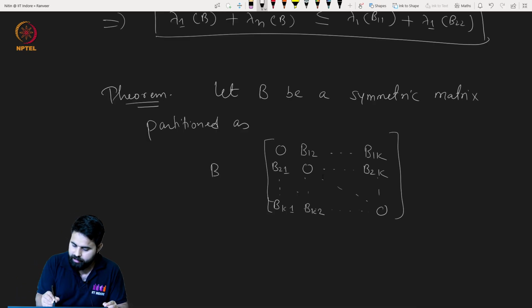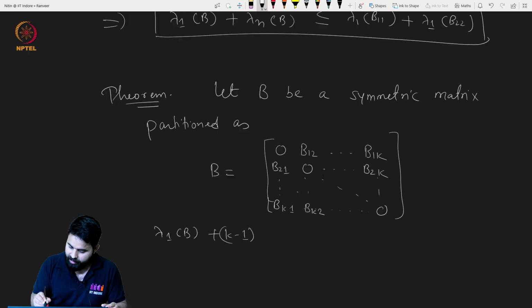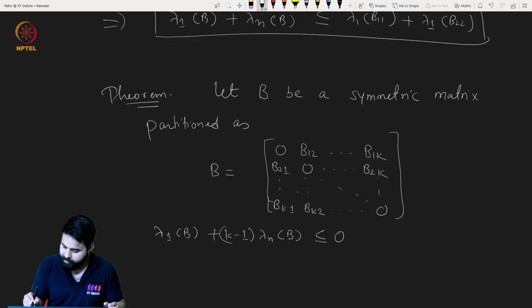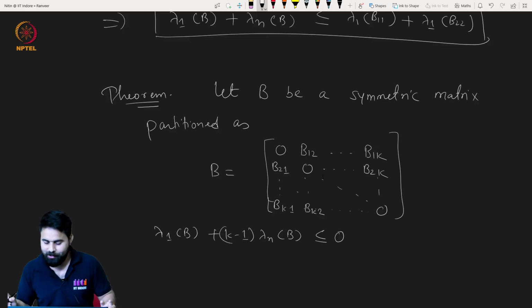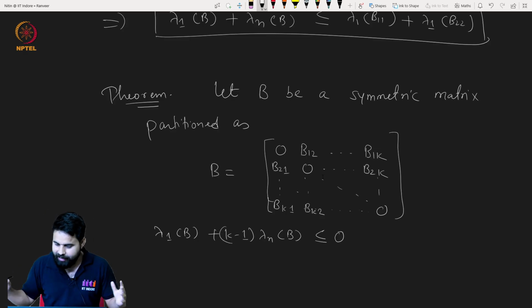In that case, lambda 1 of b plus k minus 1 times lambda n, the smallest eigenvalue of b, is always less or equal to 0. Okay, why does this happen? So let us read the statement again.